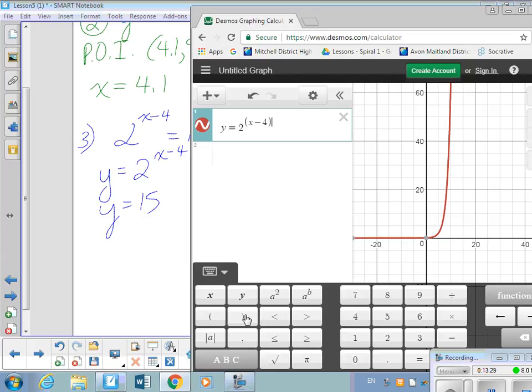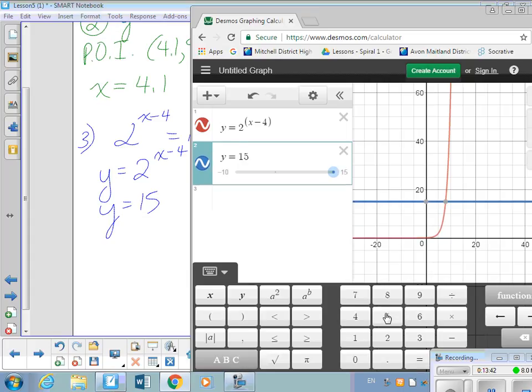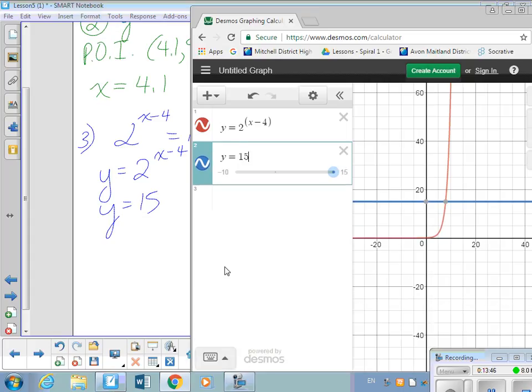Otherwise, the technology will do 2 to the power of x, whatever that answer is, and subtract 4, and that's not what we want. And then we have y equals 15. And again, you can see that the point of intersection is here, which is approximately 7.9 and 15.